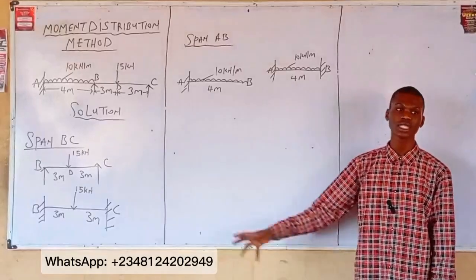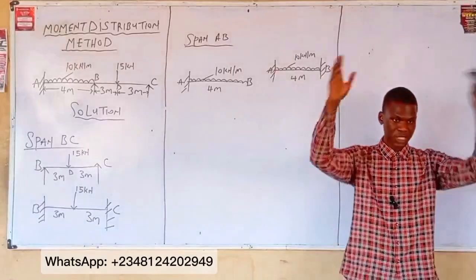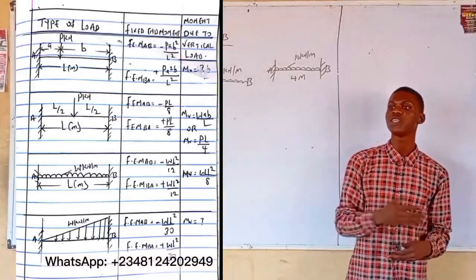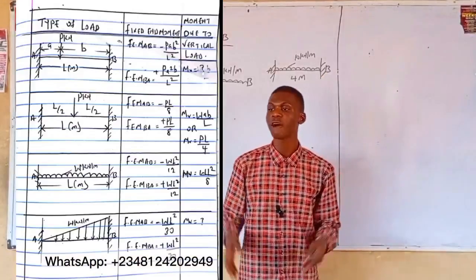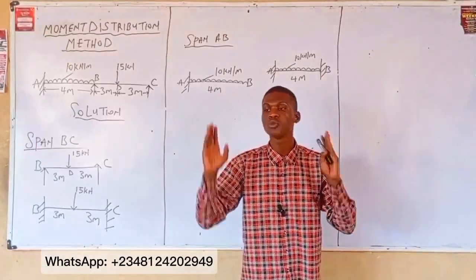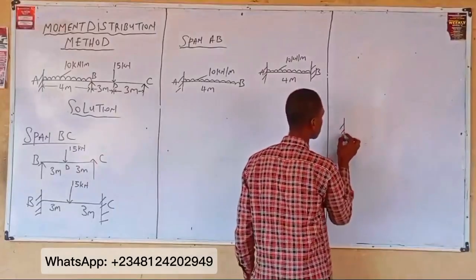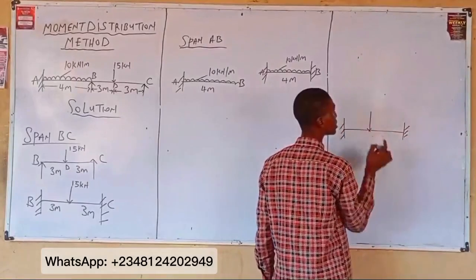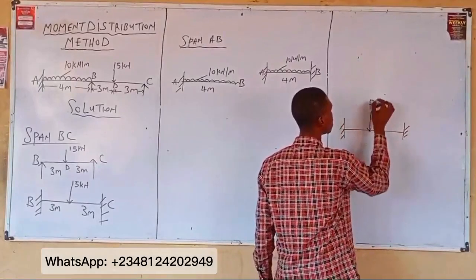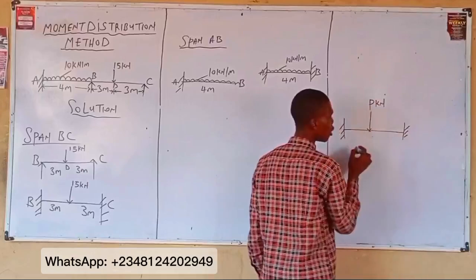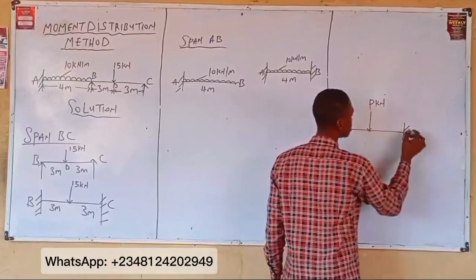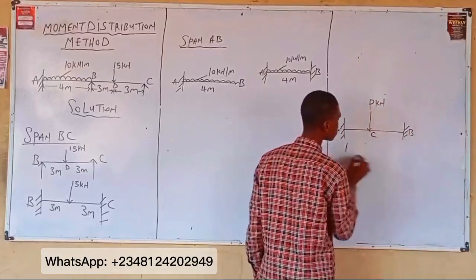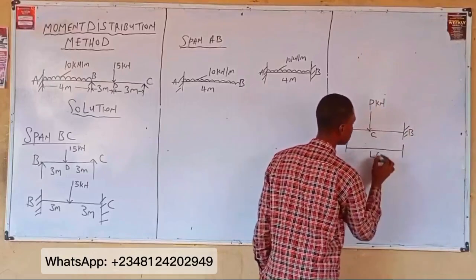Now, the idea behind this is that for every fixed beam loaded with different types of load, you have a formula for the fixed end moment. Take any fixed beam of this nature having a center concentrated point load P kilonewton. This is A, this is B, this is C. The total length is L meter.